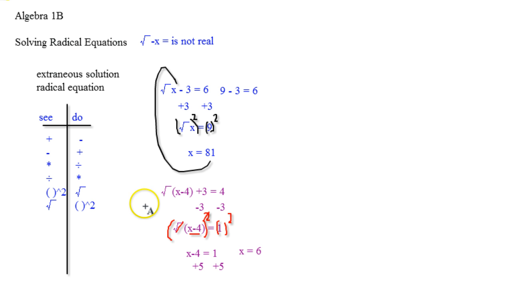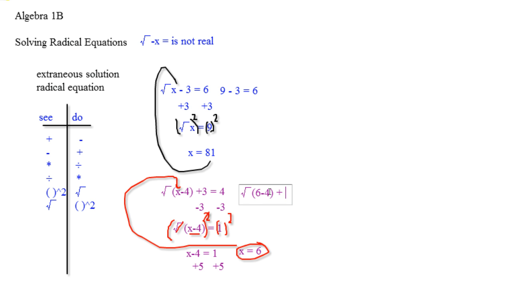Okay, and so what you're going to do is you're going to plug that back in, because you have to, because we can't do square root of a negative. Well, we can, but it's going to get us an imaginary number. Okay, and we're going to simplify it. So the square root of 6 minus 4 plus 3 should equal 4.